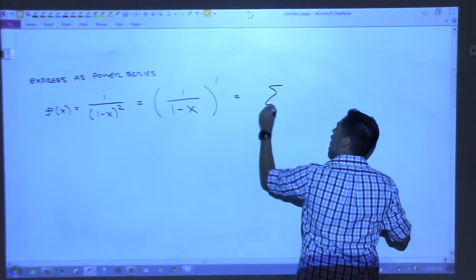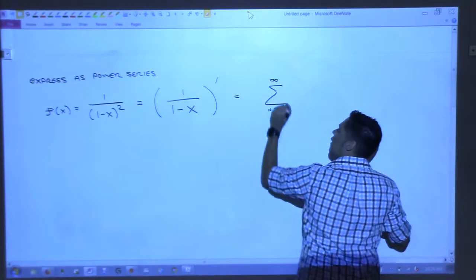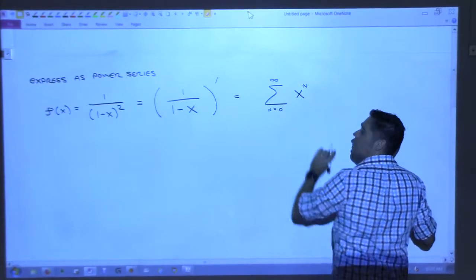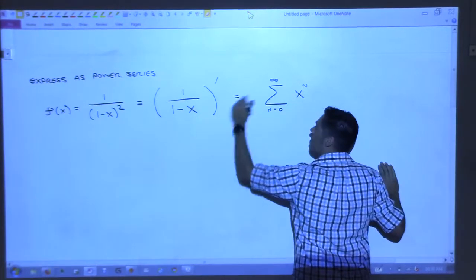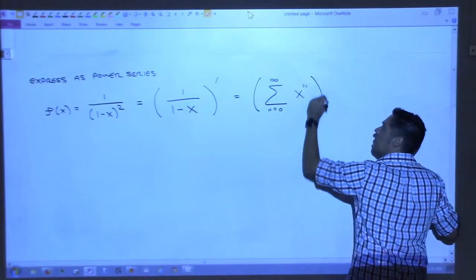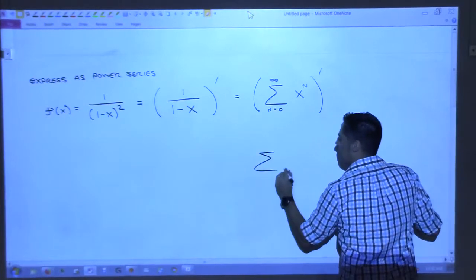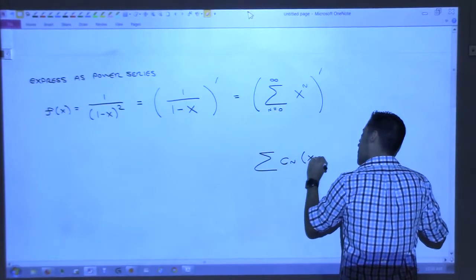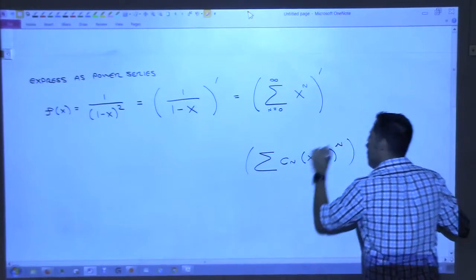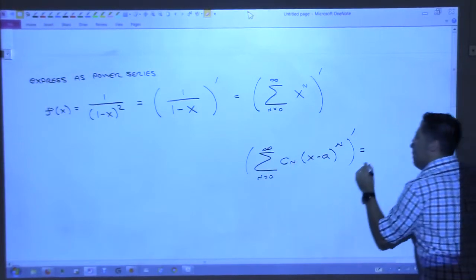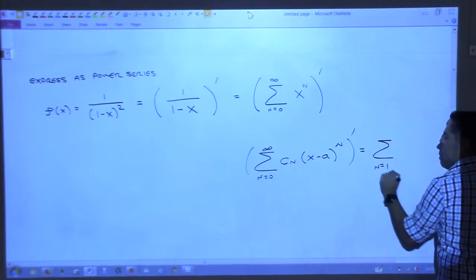Now, what is this? Can I turn that into a power series? Absolutely. That is the sum n equals 0 to infinity of what? x to the n, right? That's what that is. But I want to do what to it? Take the derivative of it. And how do I take the derivative of a power series? We just did it, right? We said that if you want to take the derivative of that, all it amounts to, n equals 0 to infinity, is doing the sum and starting it at 1 or 0, right?